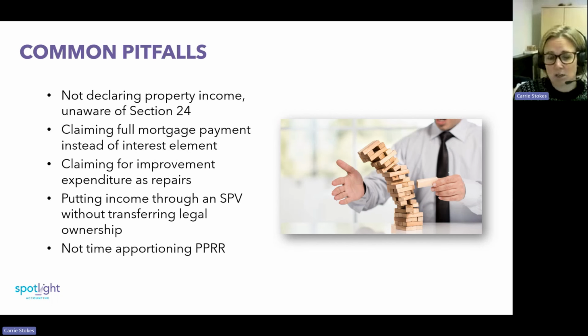You've got to think of this as a timeline. You only get one property for principal private residence relief. You can elect to have a different property, but if you have only lived in a property for 5 years out of 20 years of ownership, you only get a quarter of the gain as principal private residence relief, not the full gain.